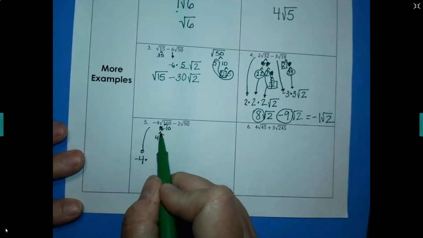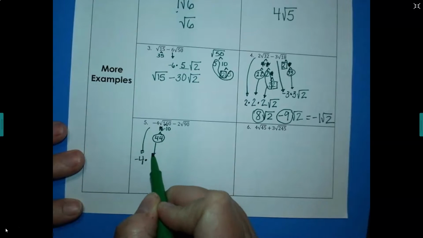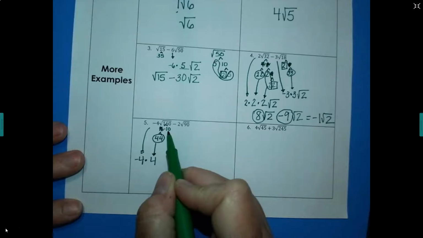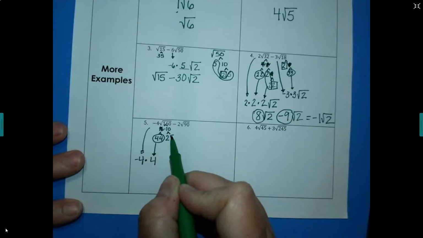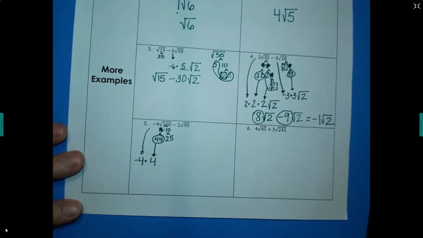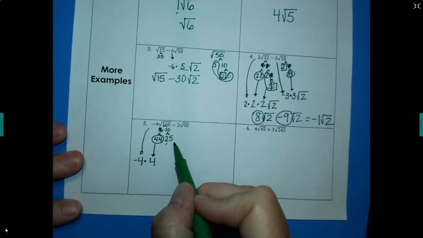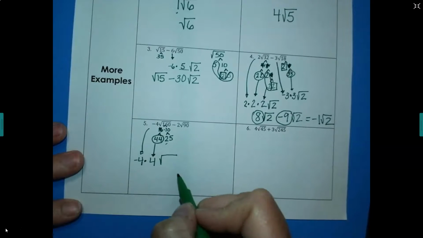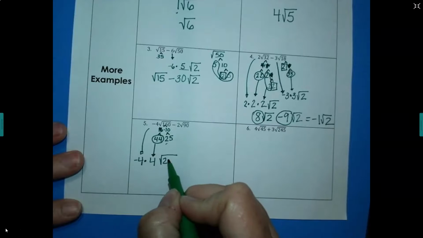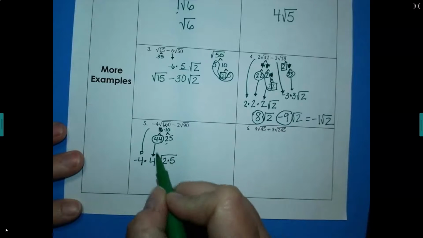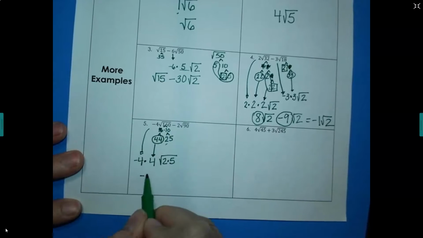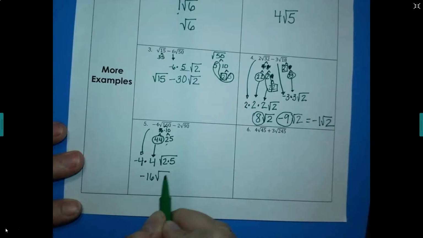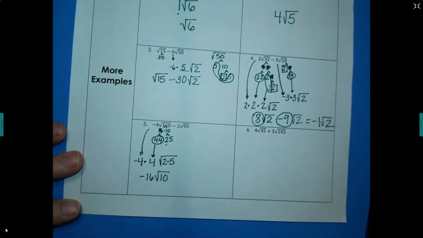I'm not going to break them down anymore because I have a pair of 4's, so I can bring one out. The 10 could break down again to 2 times 5, but neither one of these are going to have a pair, so they're going to remain under the radical and be multiplied back together. So this is going to all simplify down to -16 square root 10.